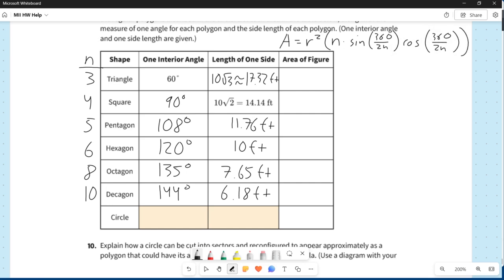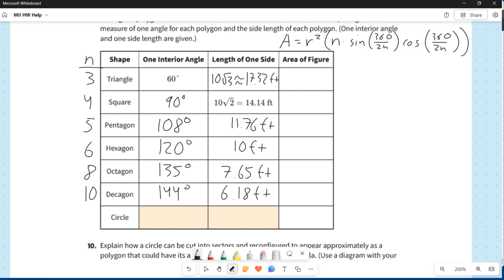That's how we can find the area for these figures. We'll do a couple of these, but in the interest of time, we might just rattle off a bunch of our answers.